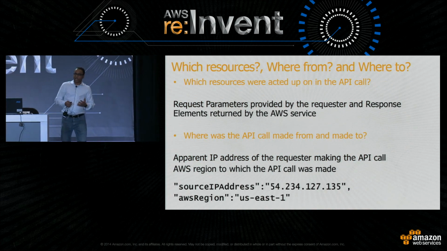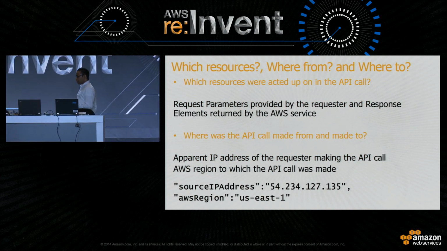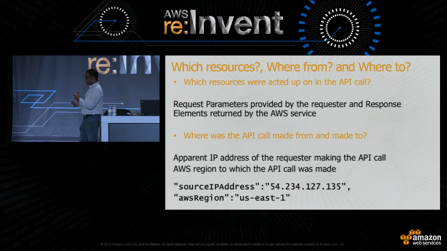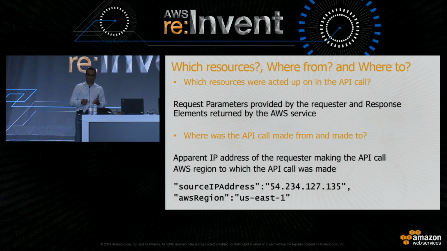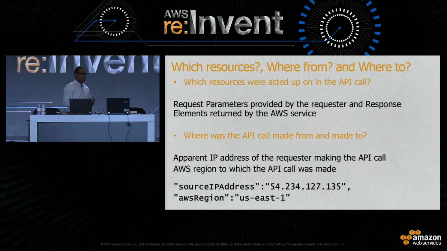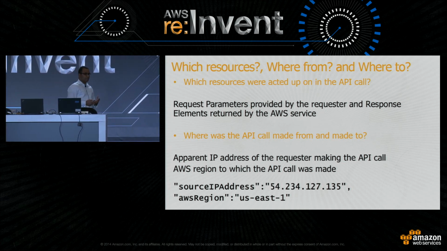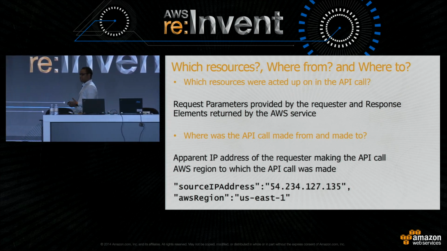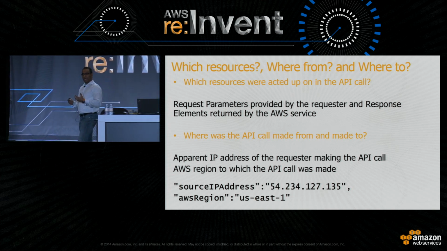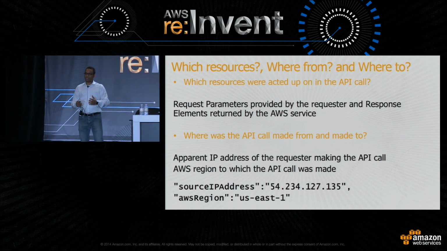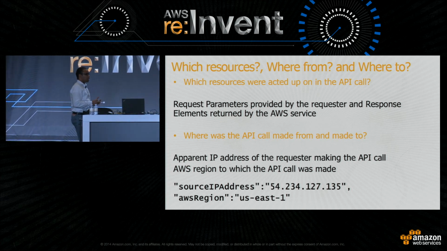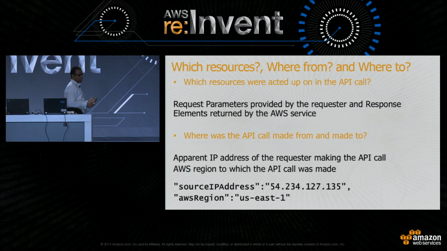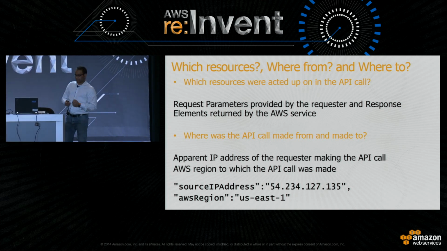And then where from and where to. CloudTrail provides these two bits of information in the source IP address. So for example, you're using the management console, and you're taking an action that results in an API call. That particular IP address of the client is recorded, and not just for the management console. Additionally, if you're making an API call to a particular AWS region, such as US East 1, that information is captured as well.